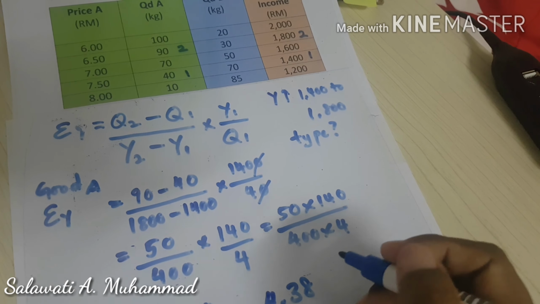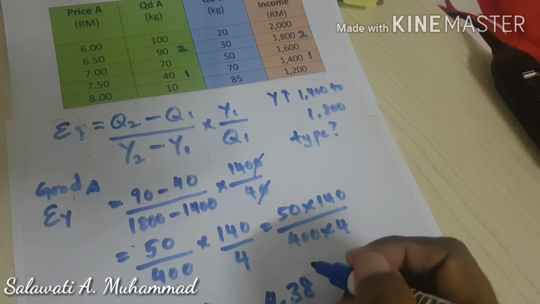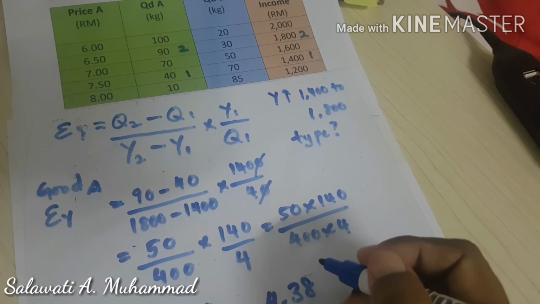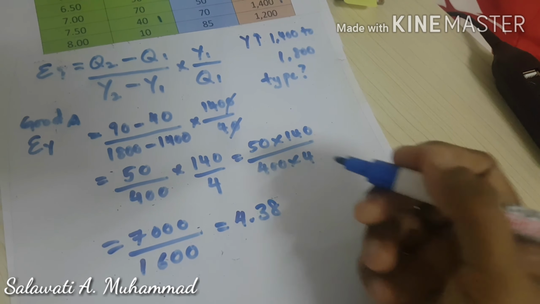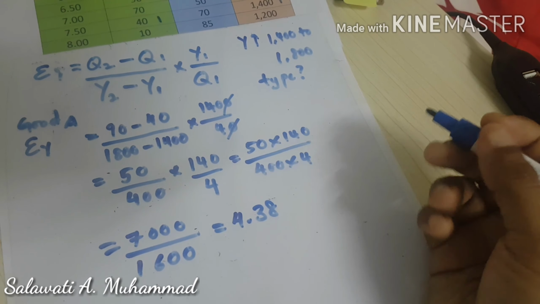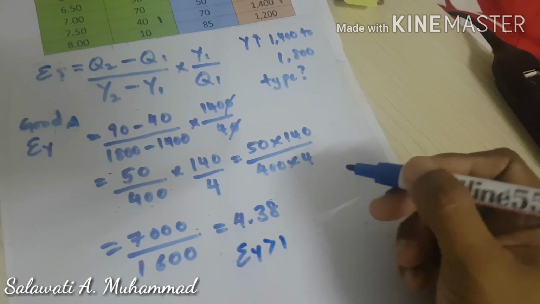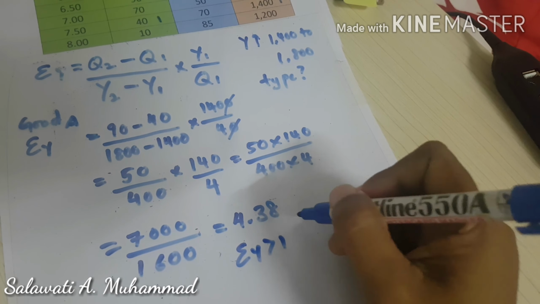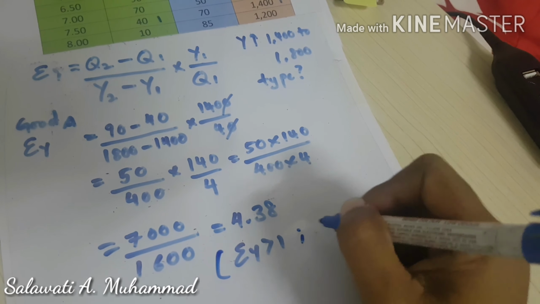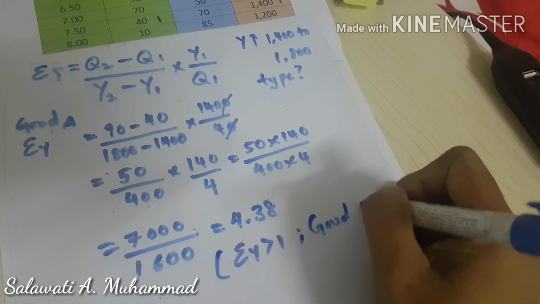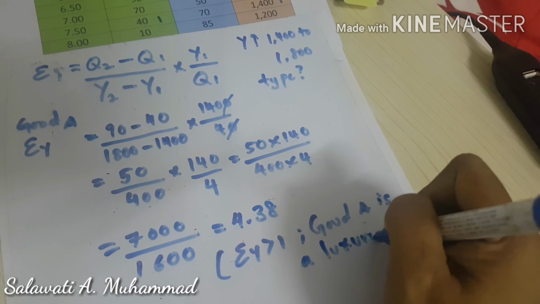Meaning the income elasticity of demand is bigger than 1. EY is bigger than 1. It shows what? Good A is a luxury good.